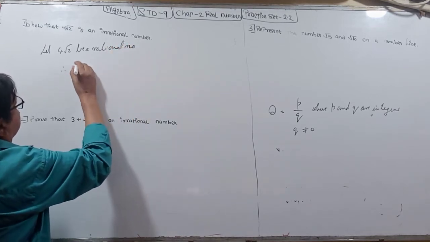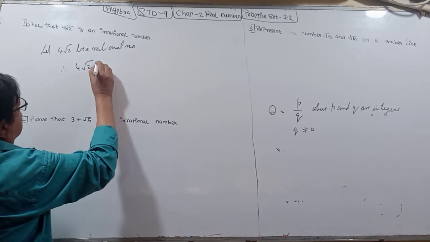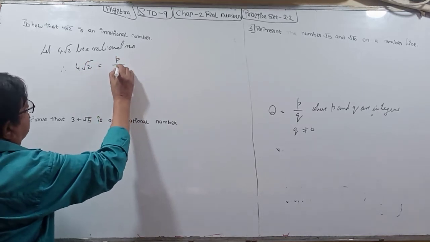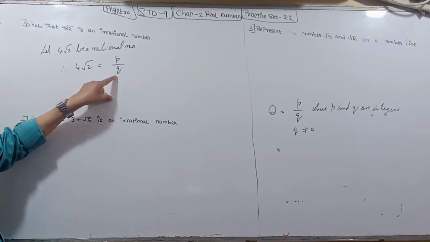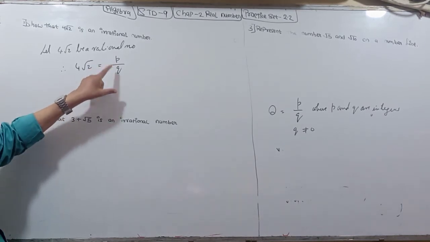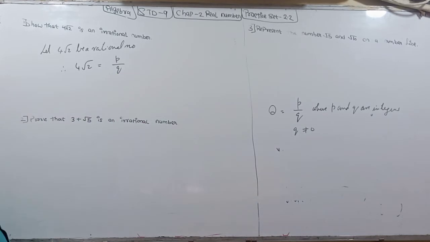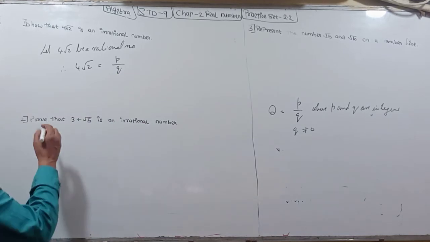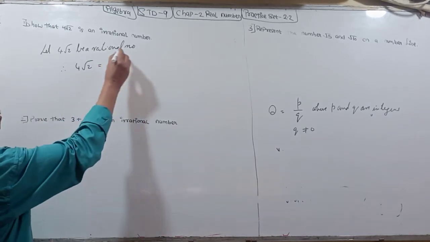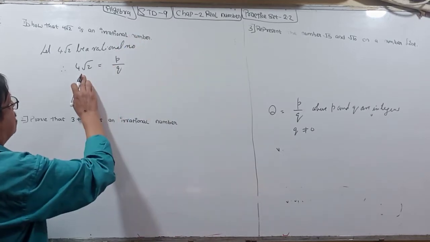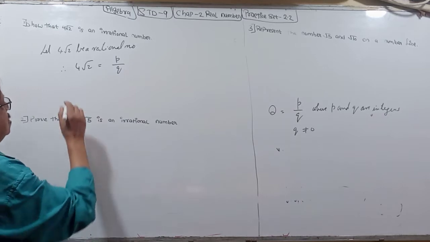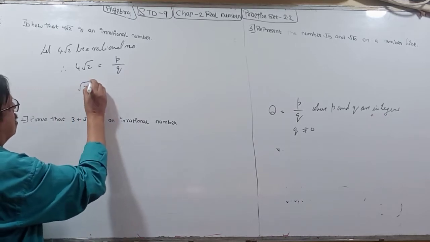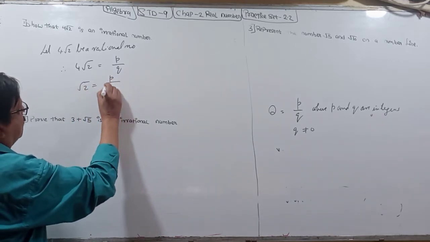Therefore, 4 root 2 equals p upon q, where p and q are integers and q is not equal to 0. A rational number can always be expressed as p upon q. Therefore, root 2 is equal to p upon 4q.